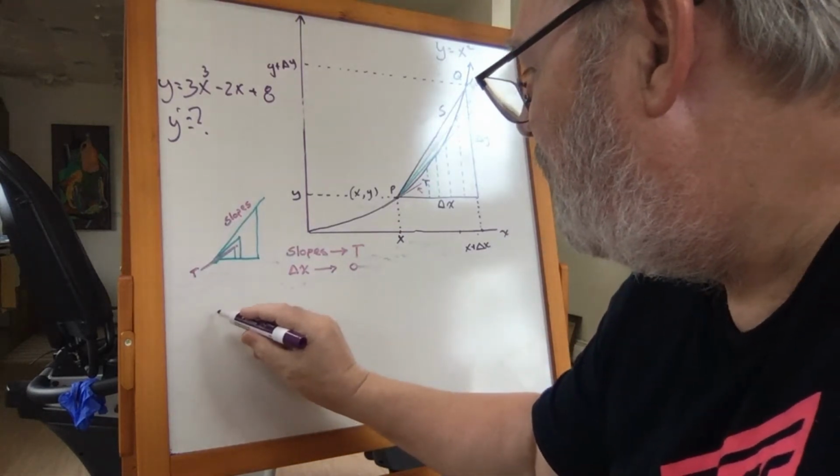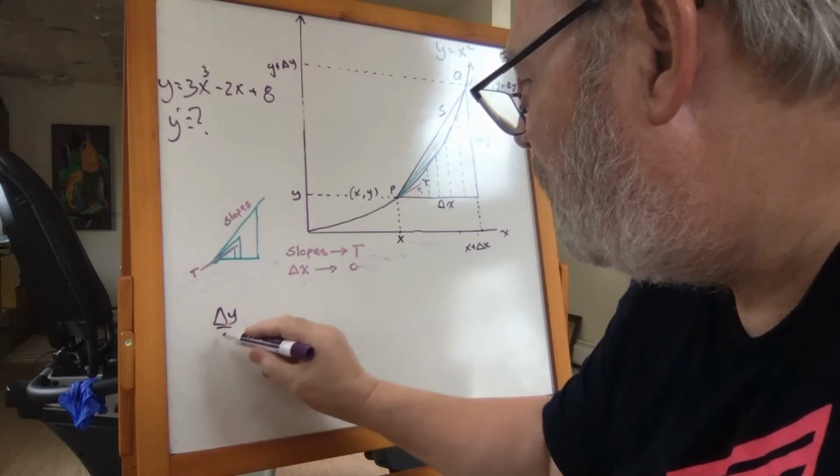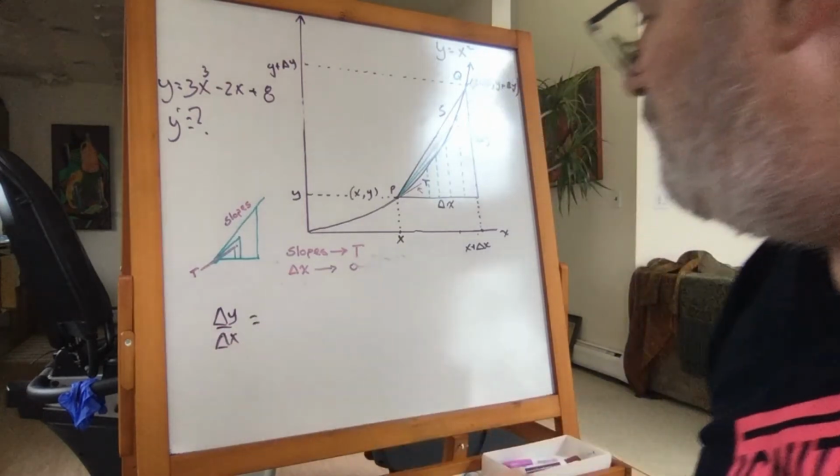We can go delta y over delta x equals y2 minus y1.